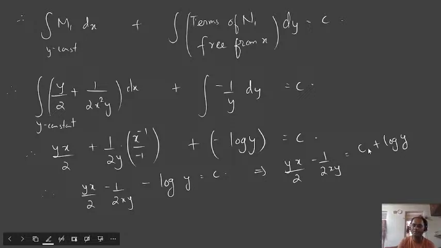And c can be treated as log of c, so this becomes log of cy, and then it is yx by 2 minus 1 over 2xy.